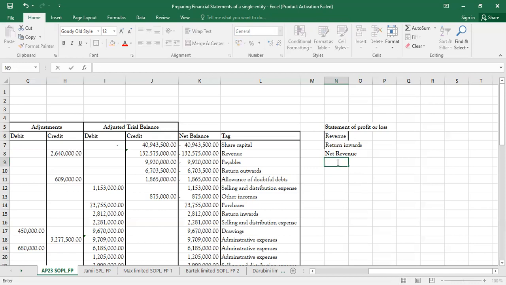opening stock. Opening stock. Then we go to purchases. Then did you have any carriage inwards? No, but we had return outwards. So return outwards.